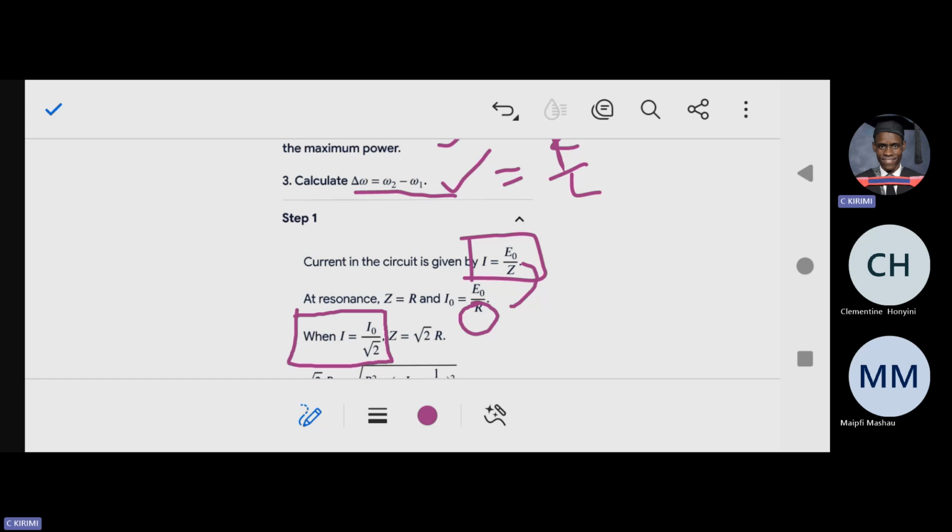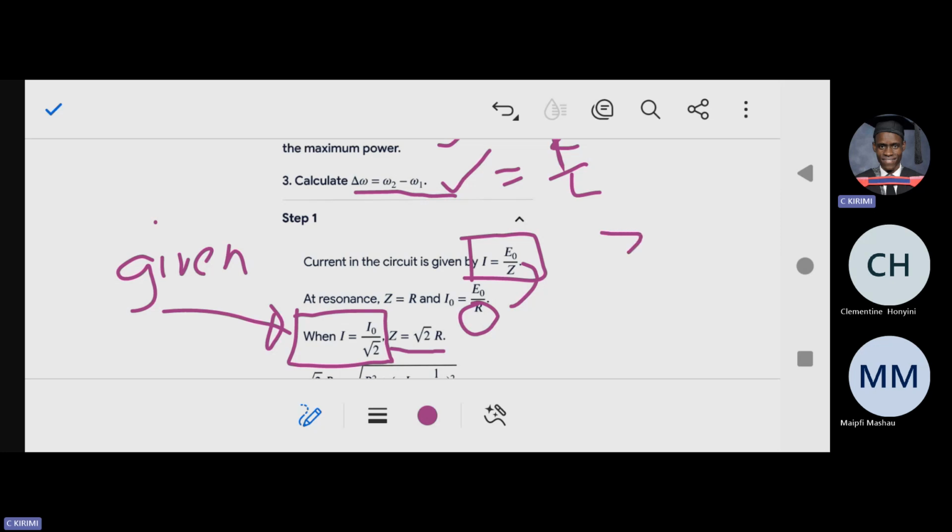When I is equal to I naught over root of 2, this was given from the question. Where there's I, put I naught over root of 2. Then what is Z going to be? Z will be root of 2 over R. I want you to tell me, where is this coming from?